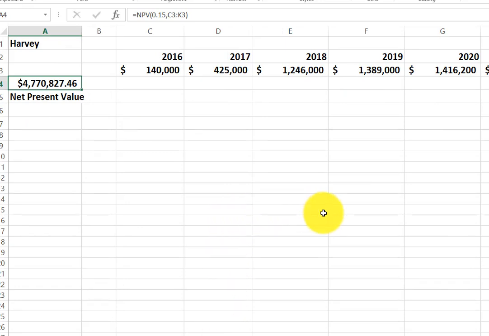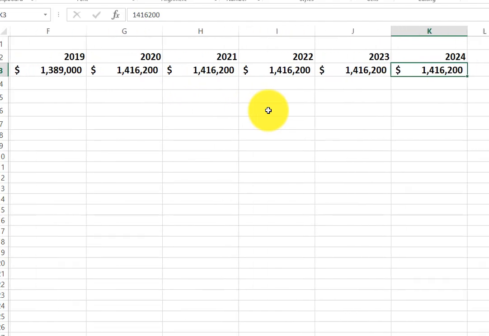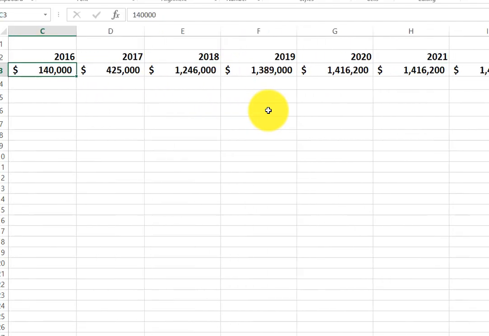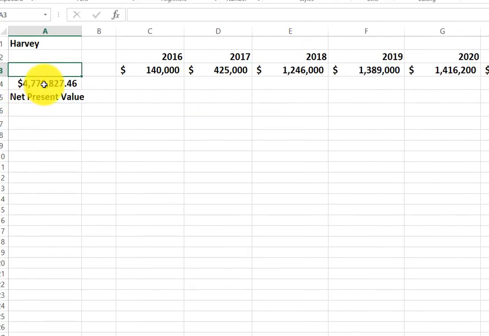The last one is Harvey looking at acquiring a new business. These are the future cash flows. They are uneven, so you cannot use present value for those cash flows. You have to schedule them out on your spreadsheet like this, and then you can use what we talked about, net present value.